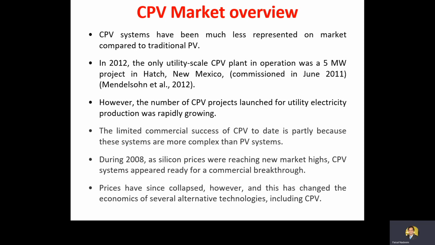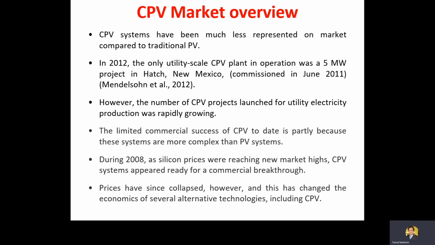Now people are working more on traditional PV technology, because they are of the view that they would have to invest in the mirror and lens of the CPV, and secondly in the tracking system of the CPV. Instead of that, they can easily increase the size of the panel and use more cells to produce the same amount of power.